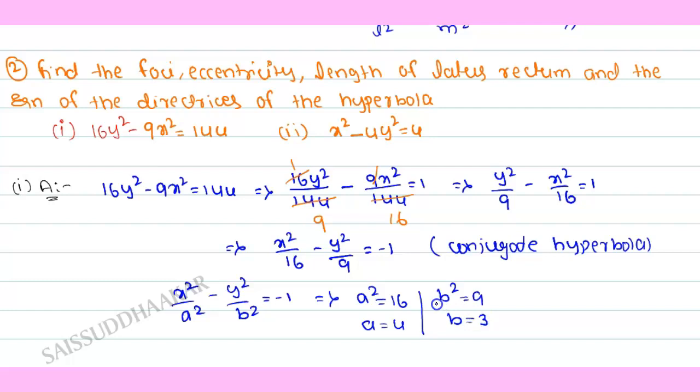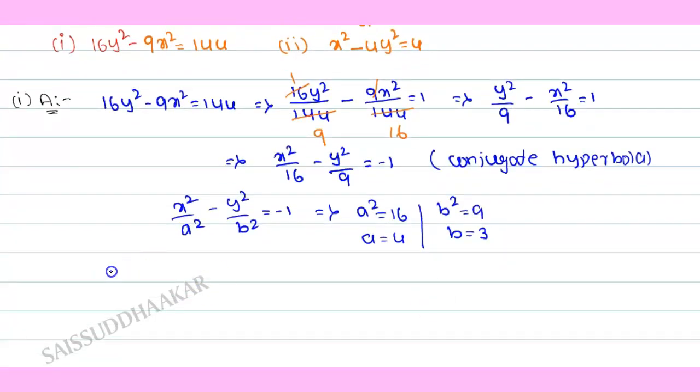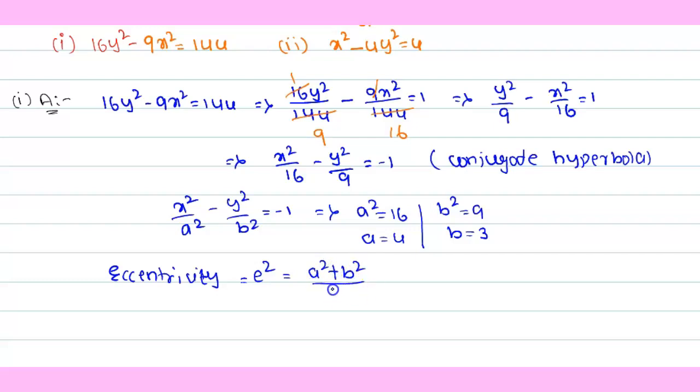Right? So now the eccentricity of a conjugate hyperbola: e square is equal to (a square plus b square) by b square. That is the eccentricity of a conjugate hyperbola. Right?